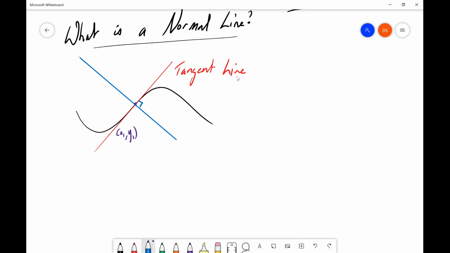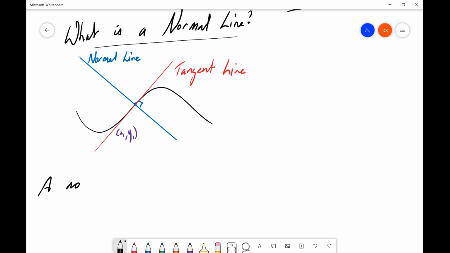Now, this thing here is called a normal line. A line that goes through a point perpendicular to the gradient. So let's define that.